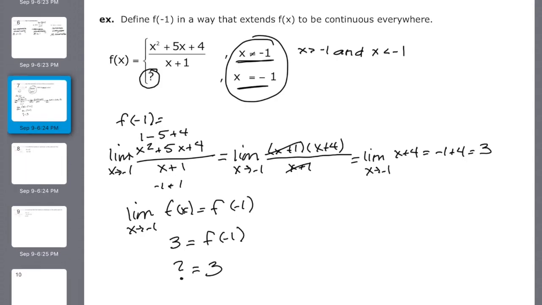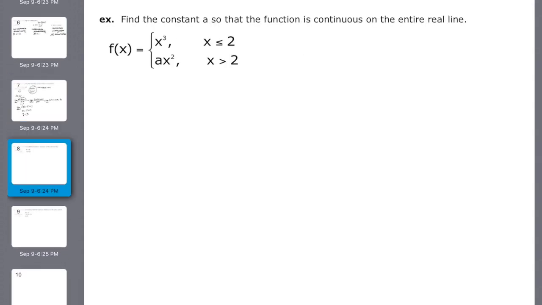Let's look at another one. It says to find the constant a so that the function is continuous on the entire real line. So we're going to make it continuous everywhere. Again, we're talking about continuity, so I'm going to use my three-part definition, always going back to that definition. On this one, I'm definitely going to have to use one-sided limits because I'm dealing with inequalities.